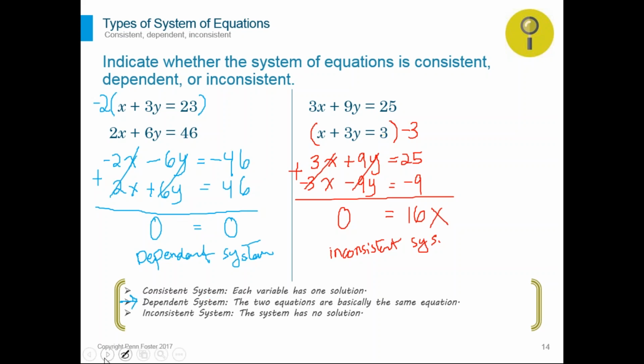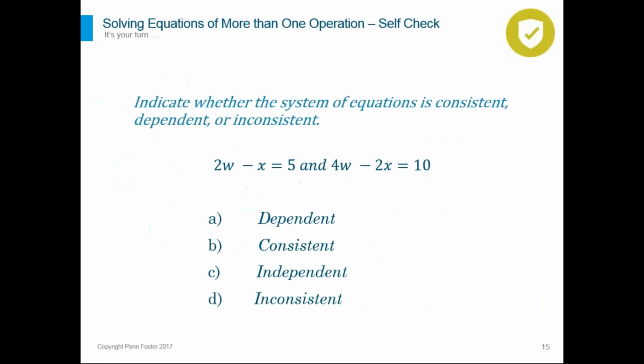Okay, let's go to a self-check. And we will, of course, ask you to indicate if this system is dependent, consistent, inconsistent, or independent. Which one do you think this system is? The only way you're going to figure it out is to start to solve the system as we normally do, and then figure out what you have while you are solving the system.